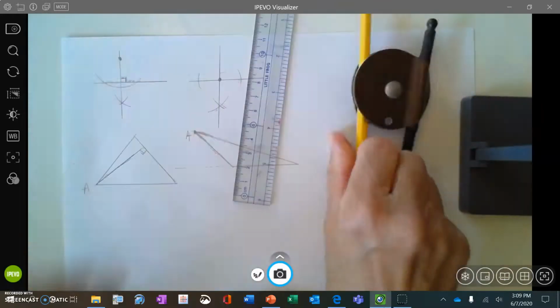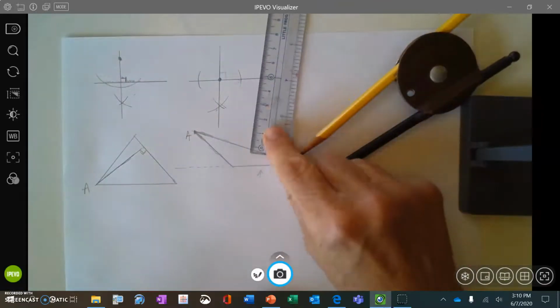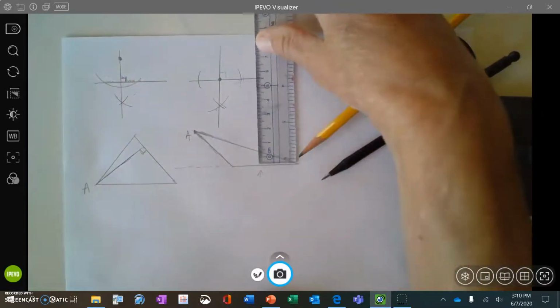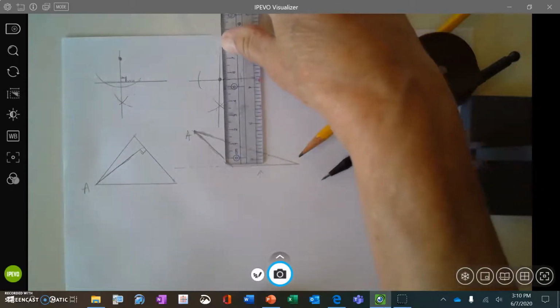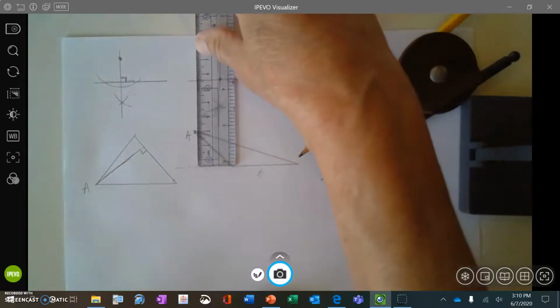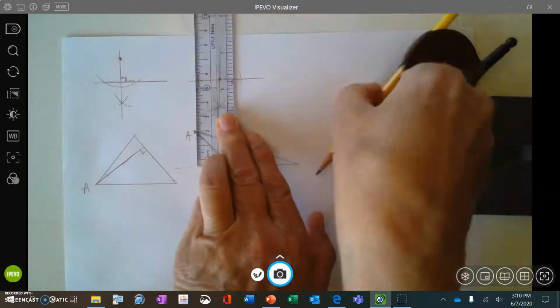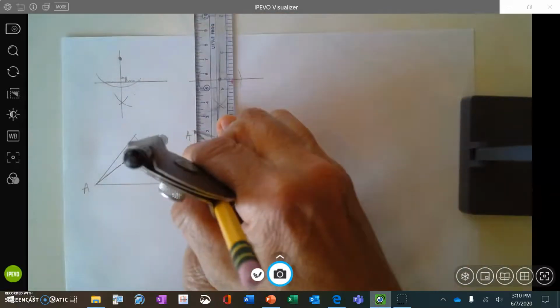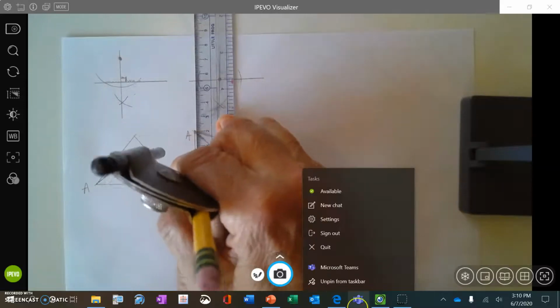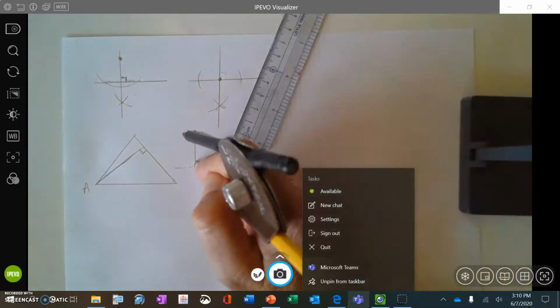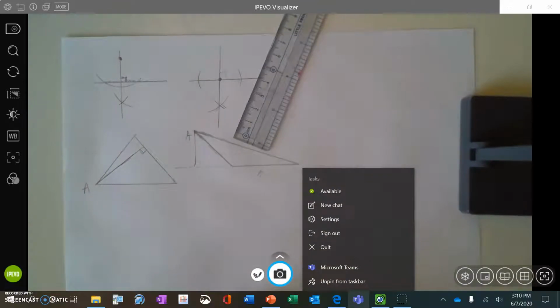Okay, now here's my ruler going along that side. That's the opposite side. I keep sliding it until the other side touches A. When it touches A, I can draw in that side, and there is my altitude hanging outside of the triangle.